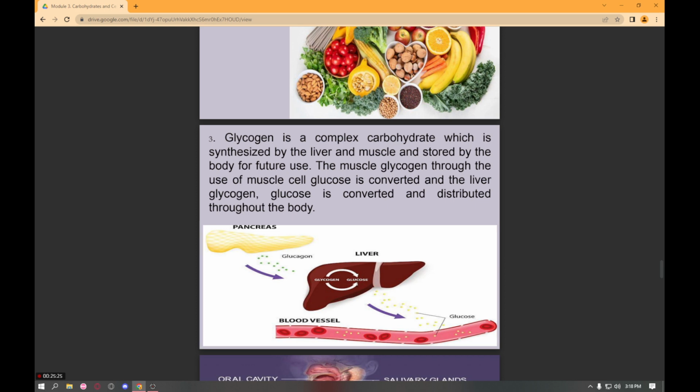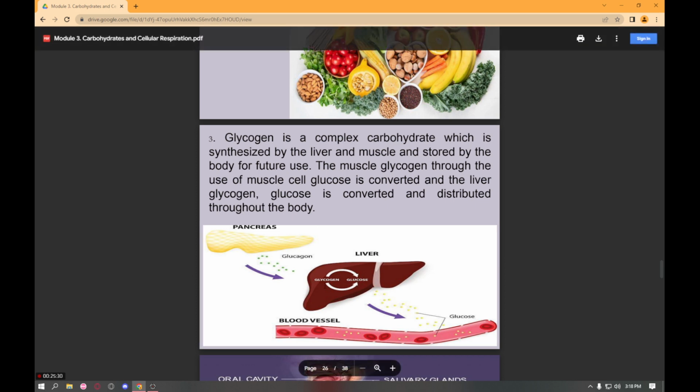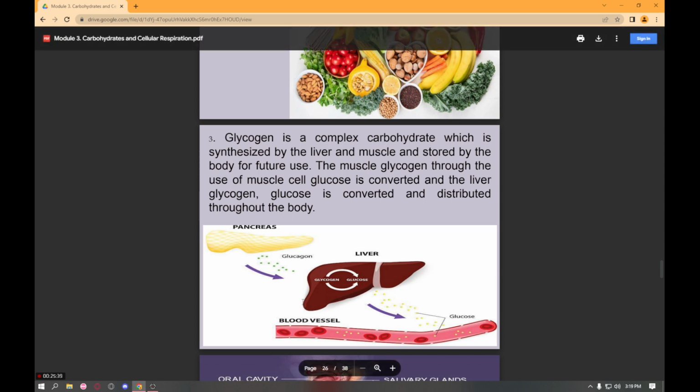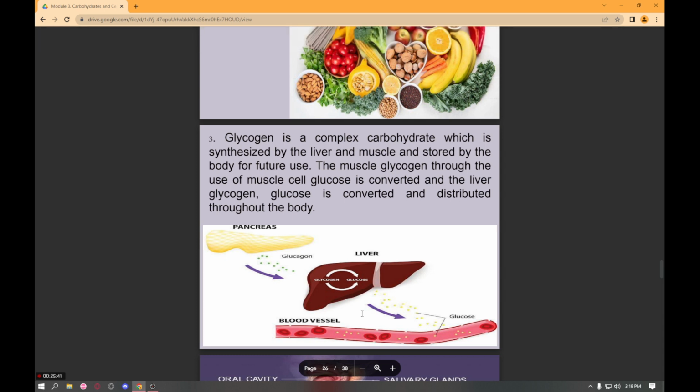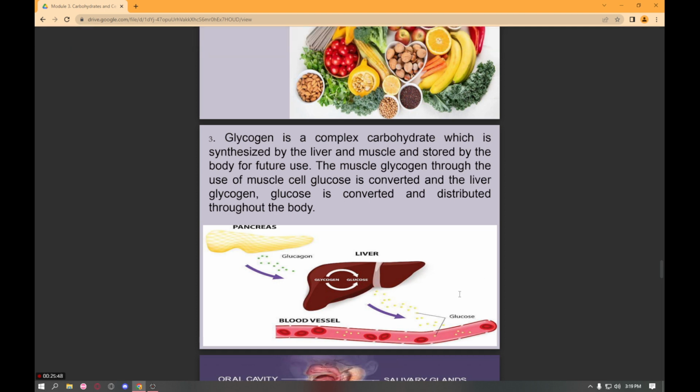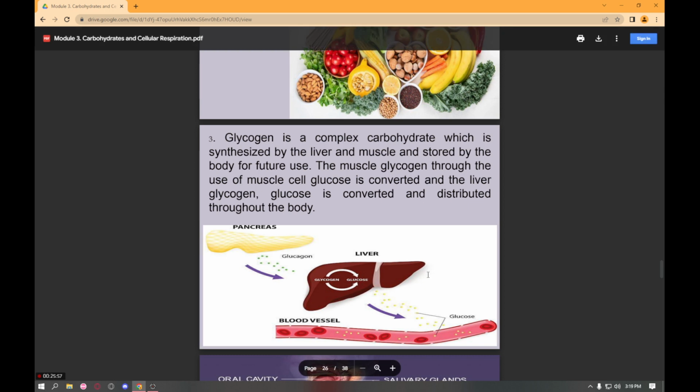So, if there is a depletion of glucose in the bloodstream, di ba, para kang nahihilo, your glucagon now is the one released by your pancreas. So through this, your pancreas releases a glucagon, a hormone, and then communicates with the liver that this stored energy is converted into glucose. Okay, so magtataas na ngayon ang glucose content sa ating bloodstream.